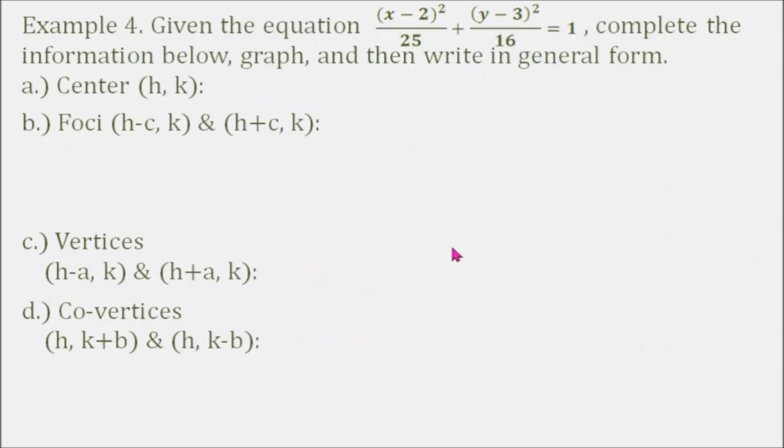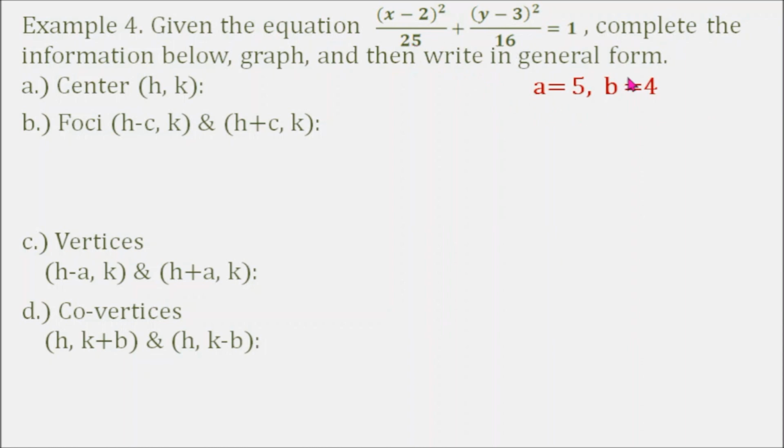Example number 4. Given the equation, the quantity x minus 2 squared over 25 plus the quantity y minus 3 squared over 16 equals 1, complete the information below, graph, and then write in general form. Now let's take note again that our a here is 5. That's the square root of 25.